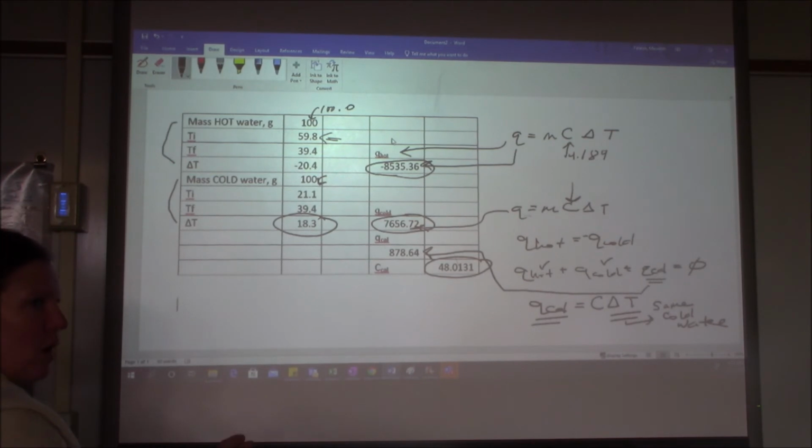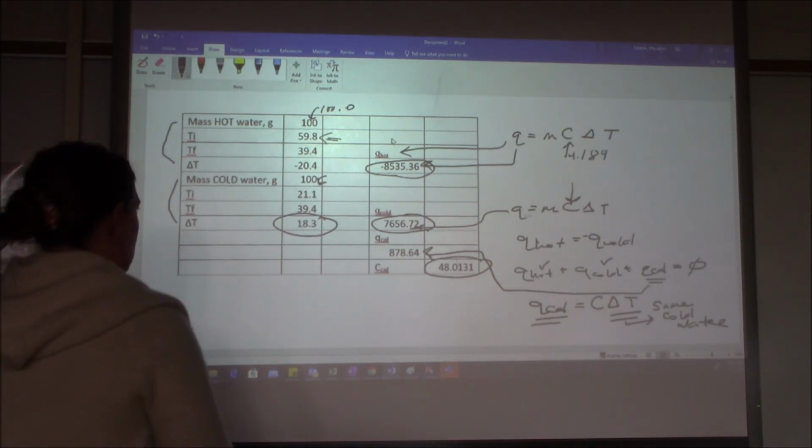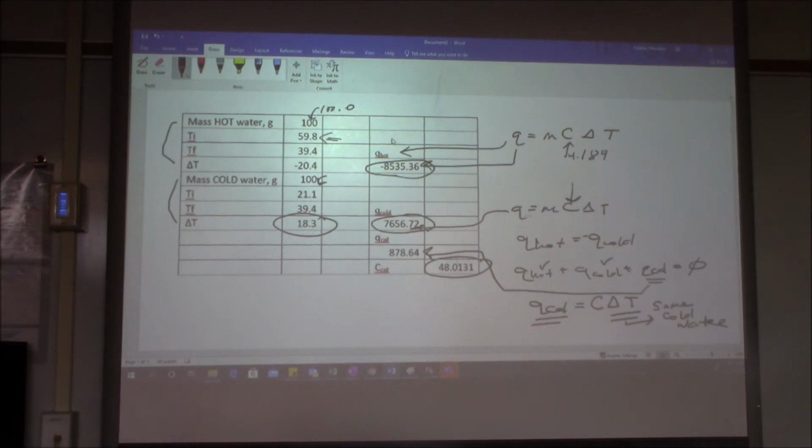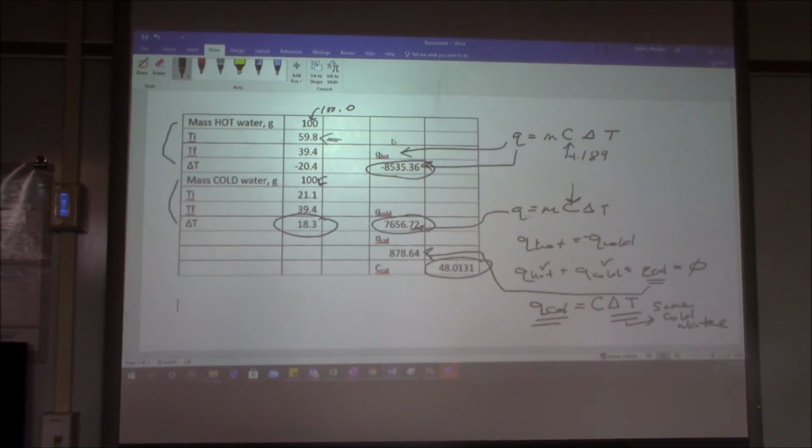By the time all is said and done and the hot water is transferred to the cold water in the calorimeter, the temperature of that water has been lowered because energy is continuing to be released to the surroundings. So hopefully you guys are able to use this information to show some work and record your answer for the heat capacity of the calorimeter.